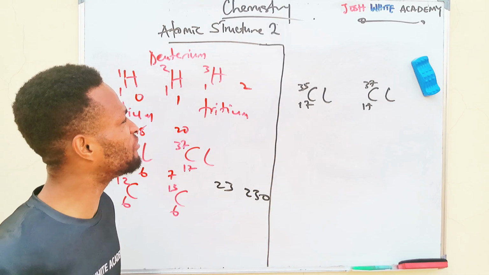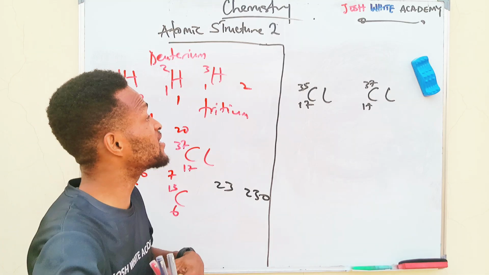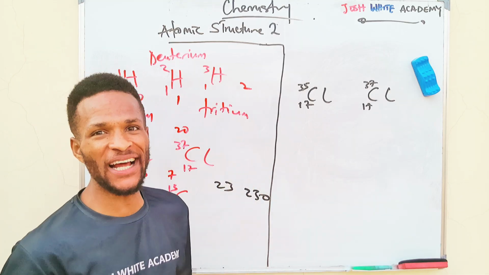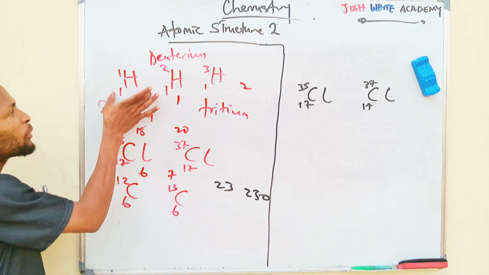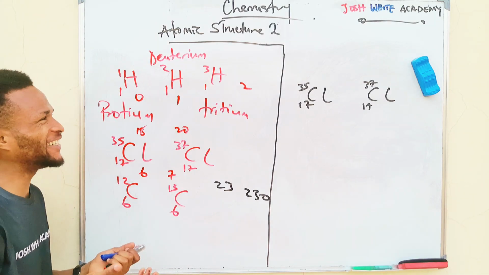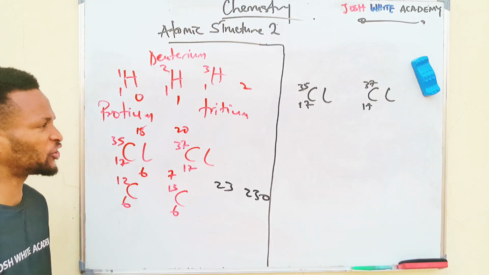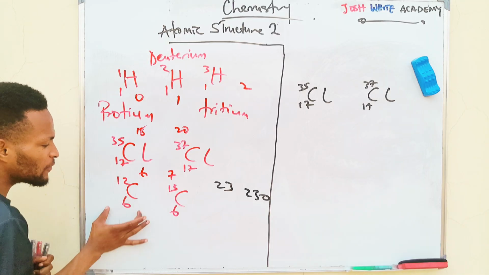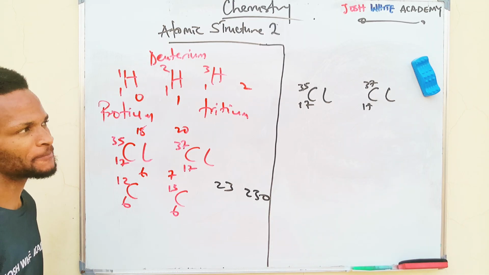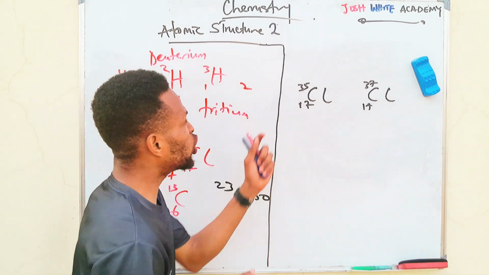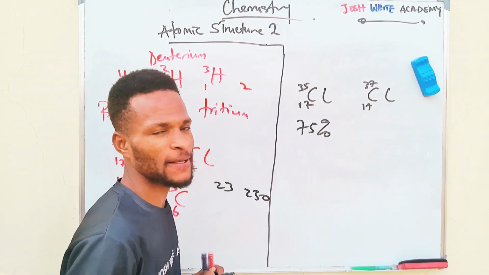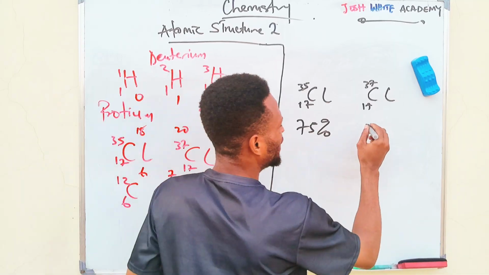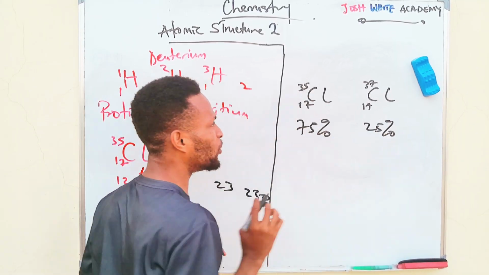For instance, 35 is more abundant in nature compared to 37. Protium is more abundant in nature than deuterium and tritium. Same with carbon-12. Now, chlorine-35 is 75% abundant, whereas chlorine-37 is 25% abundant.